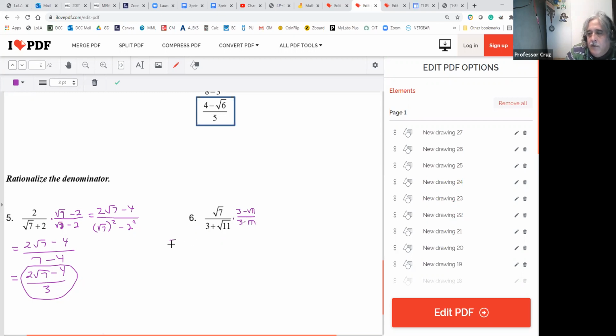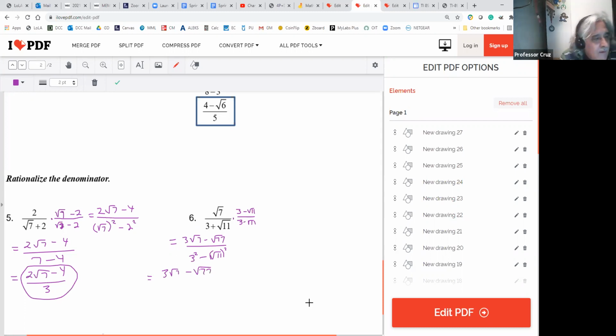All right. So that's 3 square roots of 7 minus square root of 77. And then this is 3 squared minus square root of 11 squared, which is just going to be 11 coming out. So that's 3 square roots of 7 minus square root of 77. That can't be simplified.